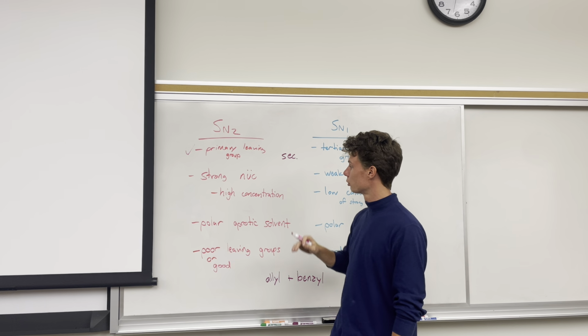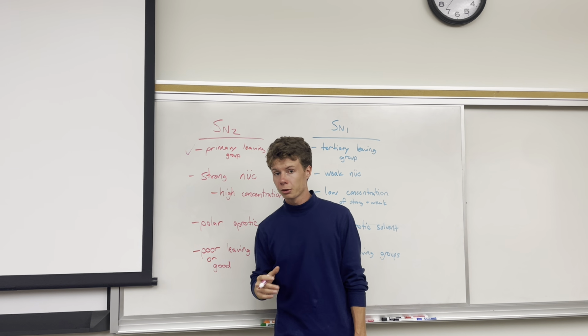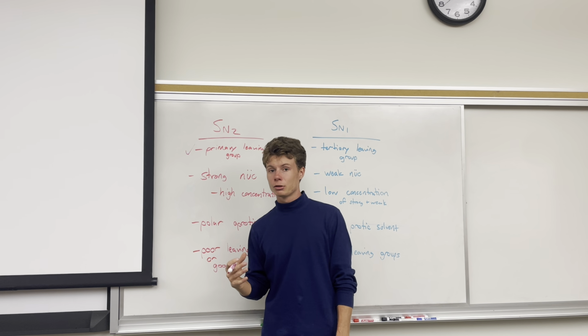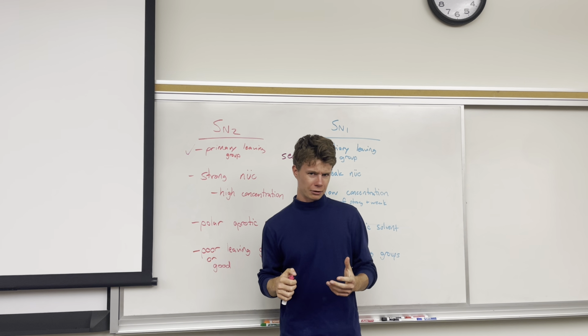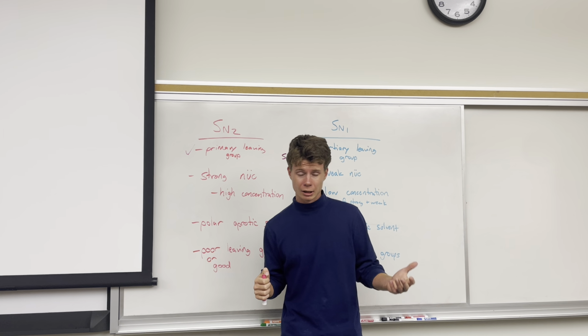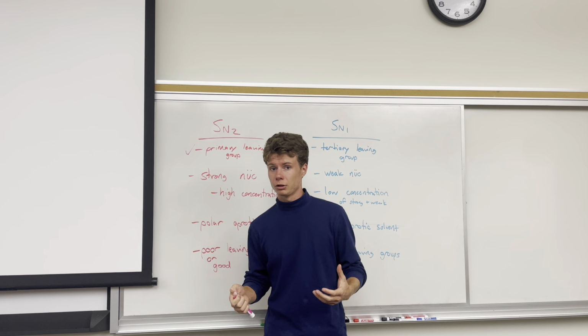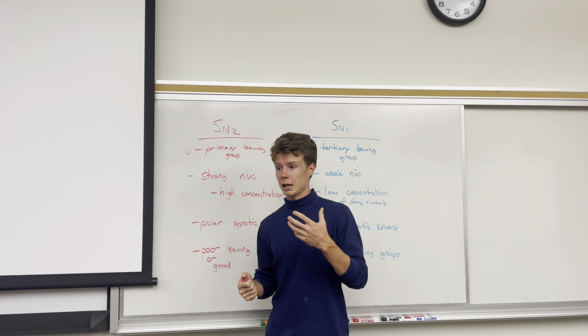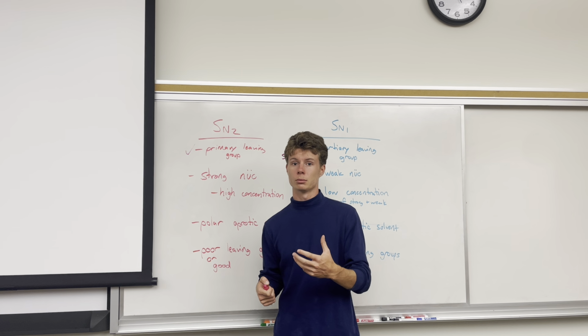Usually I will have a strong nucleophile. Now with the concentration portion of that, high concentration, I don't ever remember actually going over concentrations with this, but it is included in the book, so we're going to talk about it. If we have a high concentration of a strong nucleophile, it's going to favor SN2.